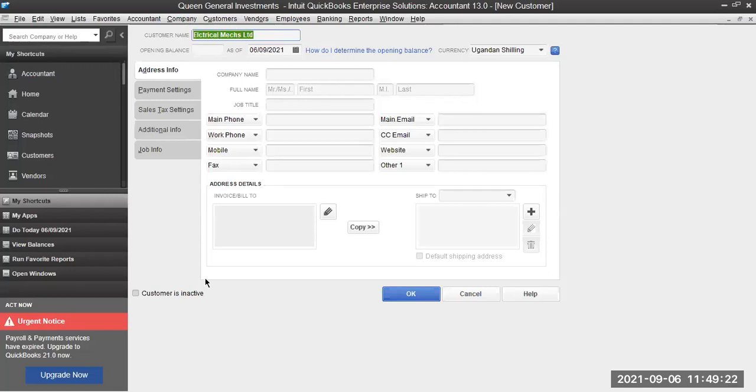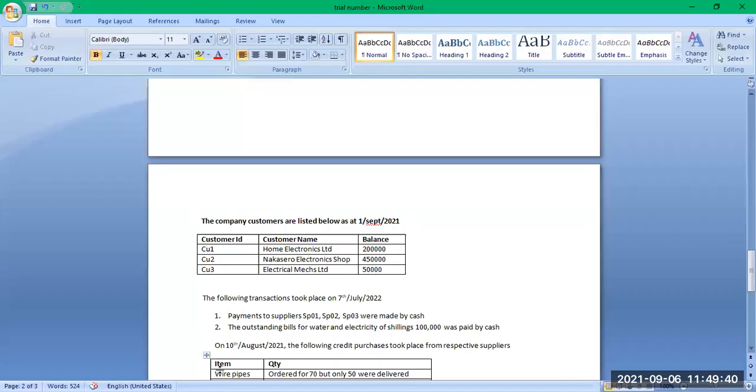Opening balance. Let me see. What if I enter the customer name with the code together? Is it okay? It's fine. As long as you capture these things in that way, it will be easy for you to understand.